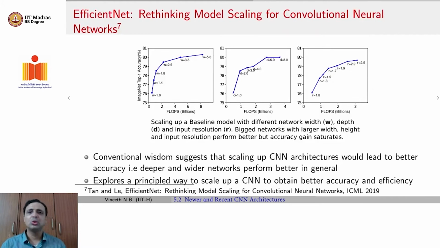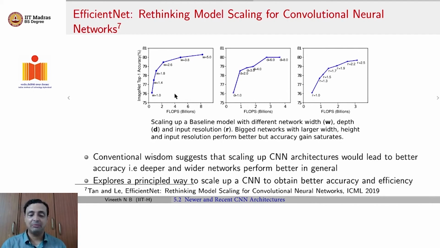A similar approach was proposed last year in 2019, known as EfficientNet. This had a different premise to the way it went about the same idea, but the objective was similar, which is to develop a family of models that cater to some constraints that you may have in terms of computational resources. The way they approach this problem is to say that we generally understand through conventional wisdom that if you scale up CNN architectures in terms of width, in terms of depth, in terms of input resolution, the model should work better.